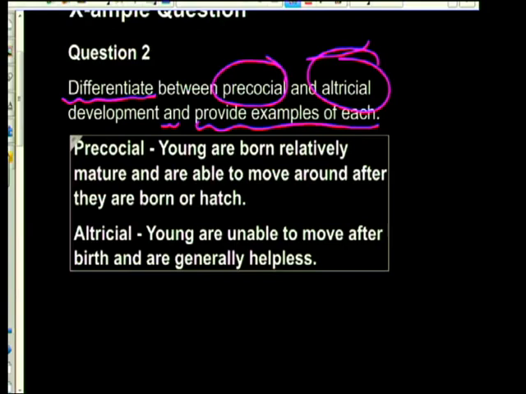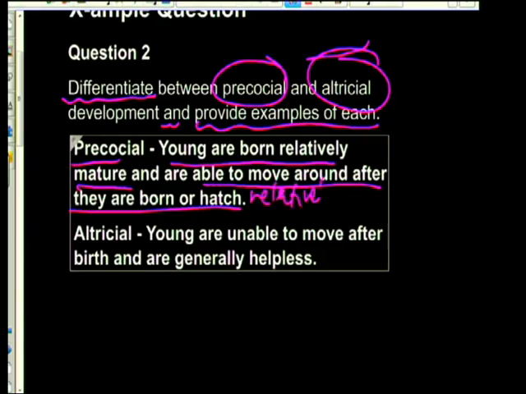So the answer is obviously, in precocial, the young are born relatively mature and are able to move around after they are born or hatch. They are, you can say, relatively independent. Here too, if you look at the mark allocation, there are only 4 marks, this explanation is sufficient.